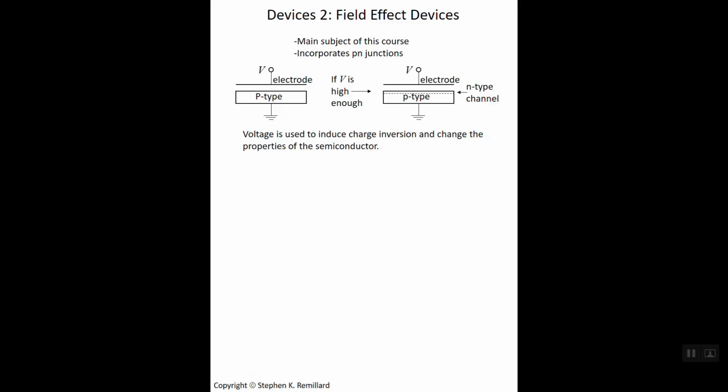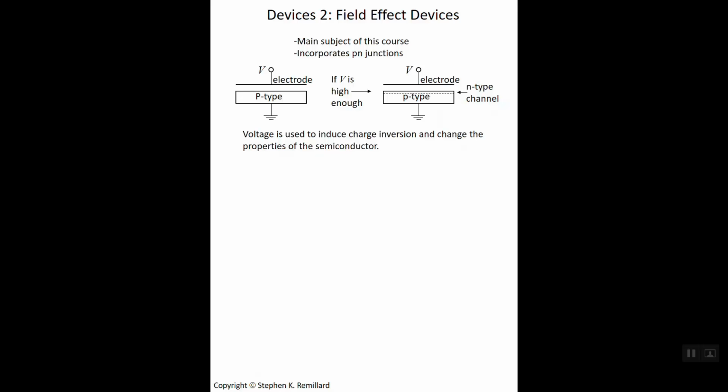voltage. And once you exceed that voltage, we say that the semiconductor is in inversion, because now there is a layer on the top of the semiconductor that has inverted to the other type. This is the essence of the electric field effect. The transistors that we're going to focus on in this course, field effect transistors, operate on the principle of this effect.